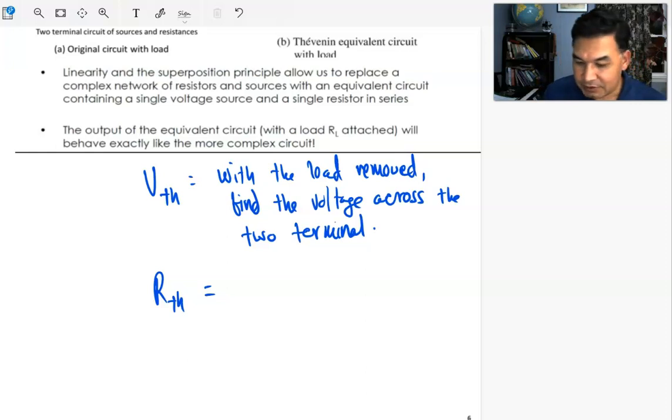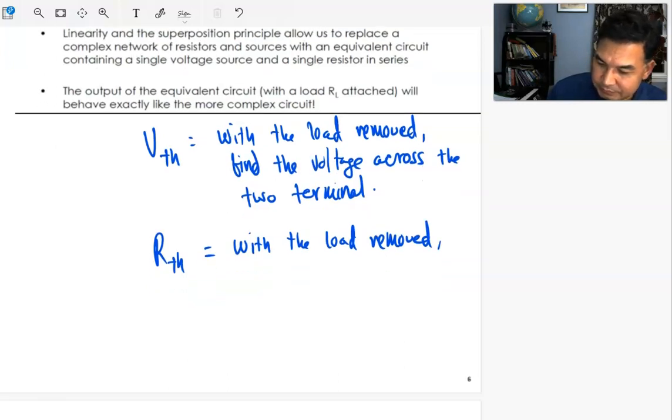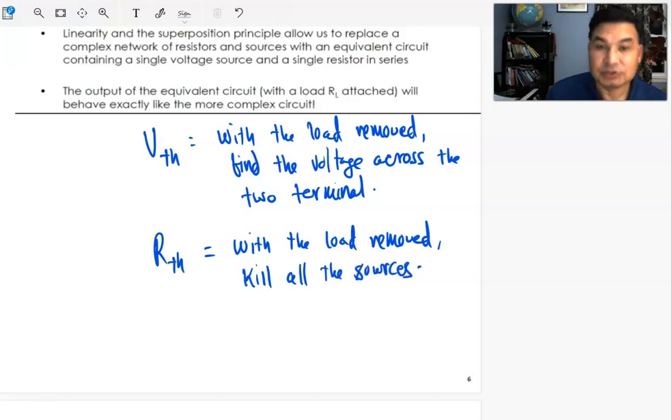And how do you find the Thevenin equivalent resistance? Do the same: with the load removed, kill all the sources. That means you have to make all the sources zero.